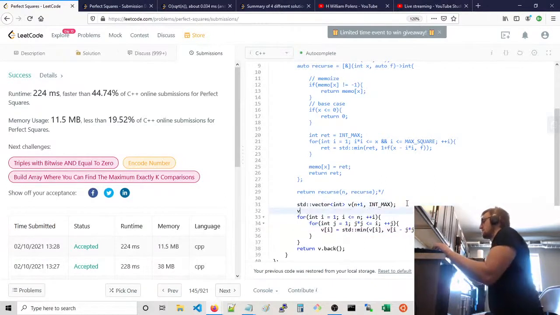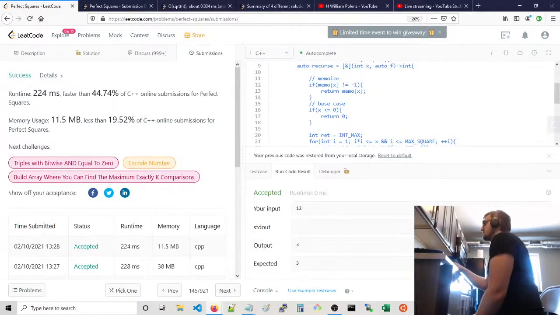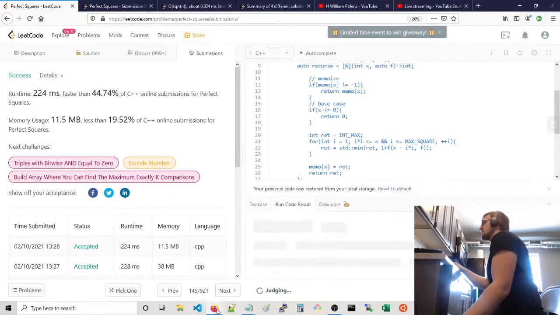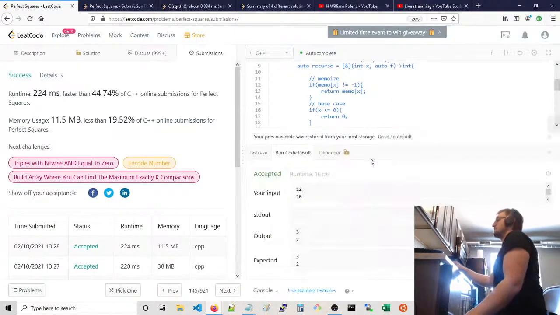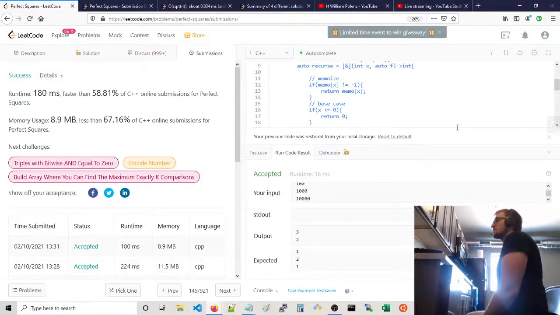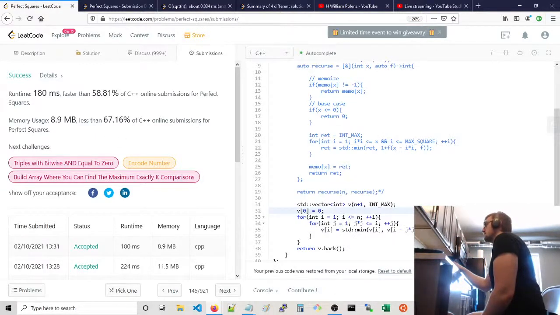See how we do on a bunch of other test cases. See how we do. Okay, works. Okay, that's pretty efficient. Yeah, not too much memory, relatively efficient.